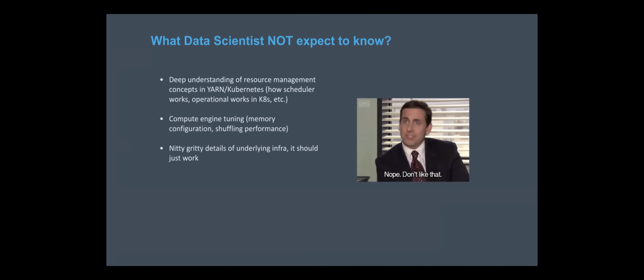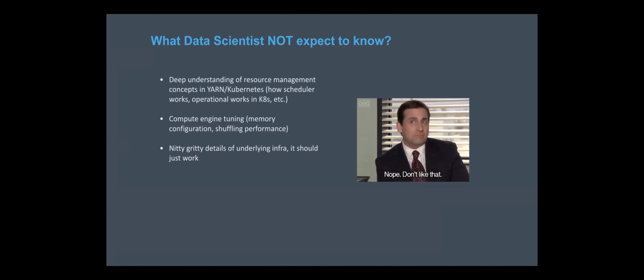So we want to simplify the platform so data scientists don't necessarily need to understand these resource management pieces. And the second part is that there are a lot of compute engines like TensorFlow or Spark, and they require a lot of memory configuration and also a lot of tooling, like how to better do the shuffling for Spark.